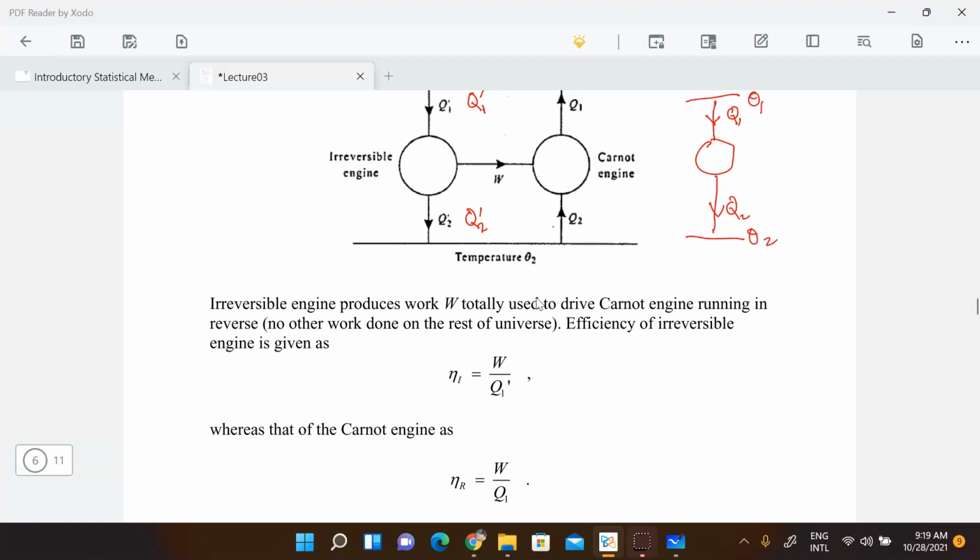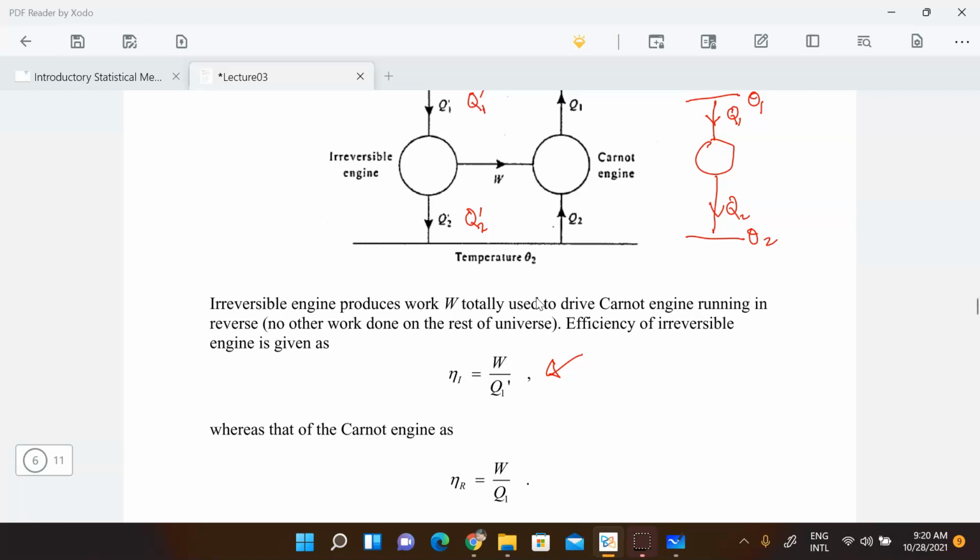Q2. So this is theta 2, this is theta 1. So if you compare this efficiency with the Carnot engine's efficiency, we want to see that the Carnot engine is actually much more efficient than that. So that is our claim, at least at this point.